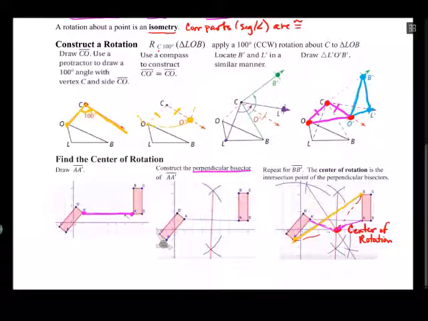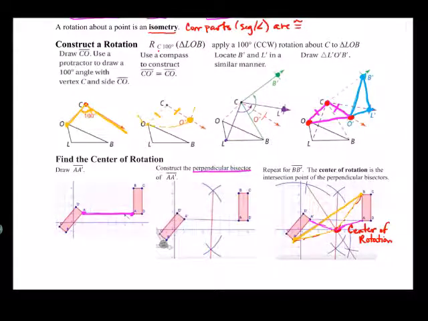That's the circle that maps A to A prime. And here's the circle that maps B to B prime. Now, if you repeated this for points C and D, you would end up with the same center of rotation. So these are kind of fun constructions that we are going to be doing.